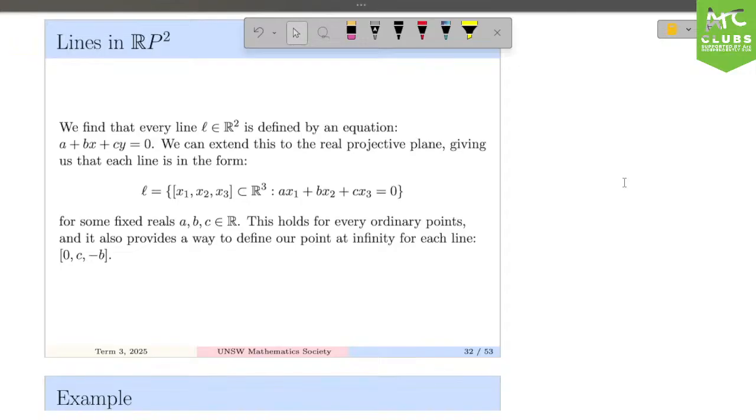That's just how gradients work. And this means when we translate them into this homogeneous form for projective lines, we will have the solution 0, c, negative b, which you can find if you just substitute that in, because the a term here, which is only distinct for distinct parallel lines, becomes multiplied by 0.